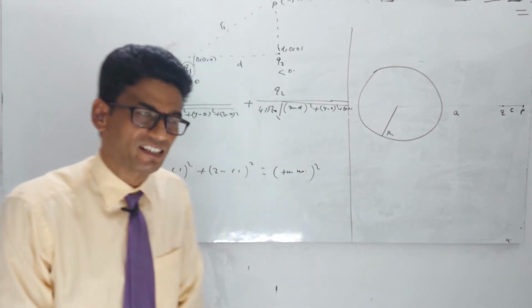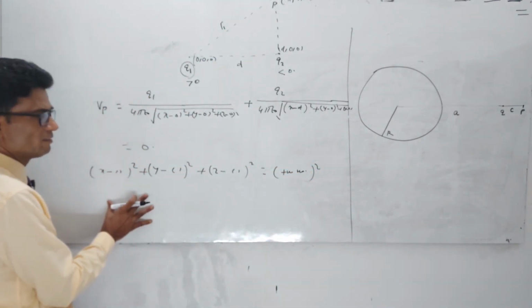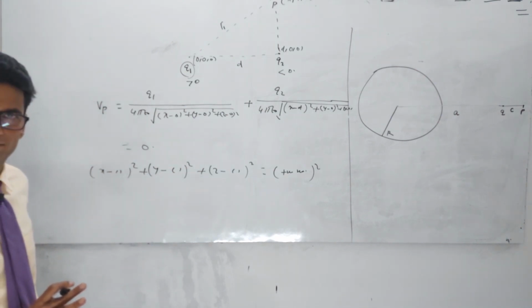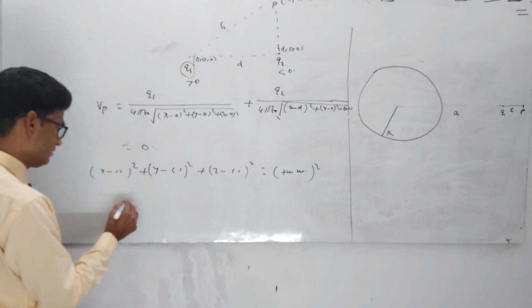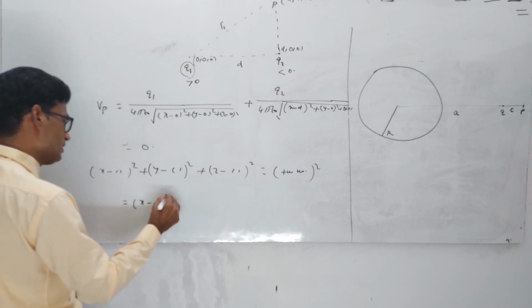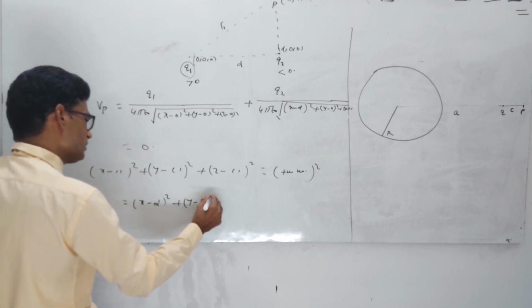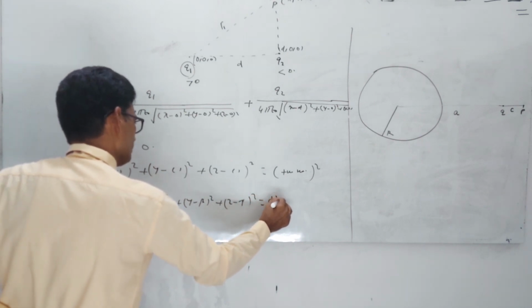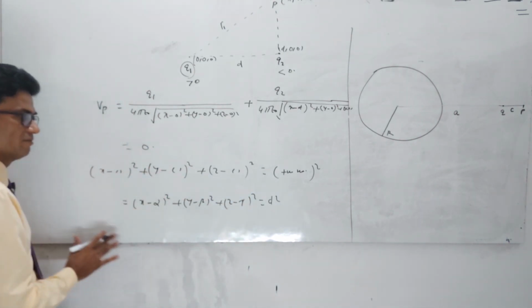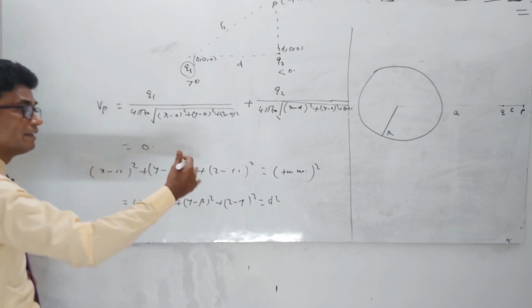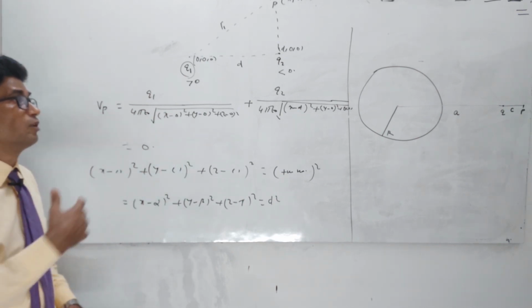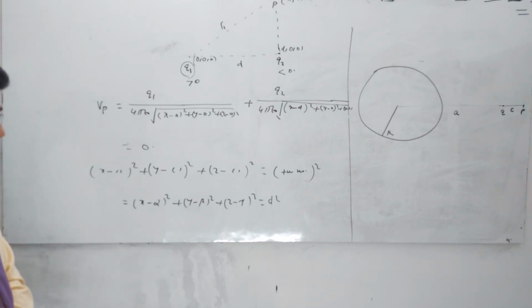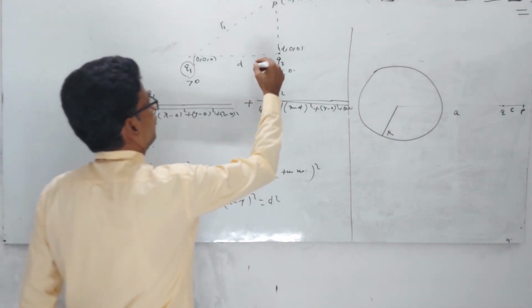Now we have to equate it with the standard equation of the sphere. What is the standard equation of the sphere? x minus alpha whole square plus y minus beta whole square plus z minus gamma whole square is equal to d square. We have to compare these two equations, and we will get what? Just I am going to write it down. So this is the sphere.